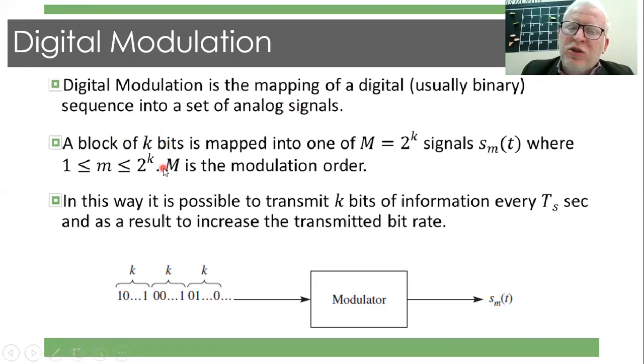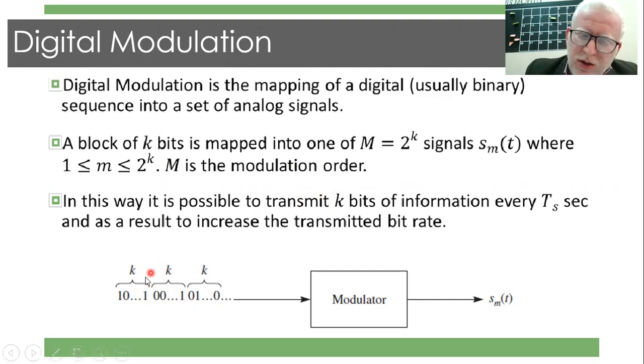Then you are going to modulate each set of these binary inputs into what's called a digital symbol. This digital symbol may include a single bit, which we usually call binary modulation, or it can be 2, 3, 4, or whatever.